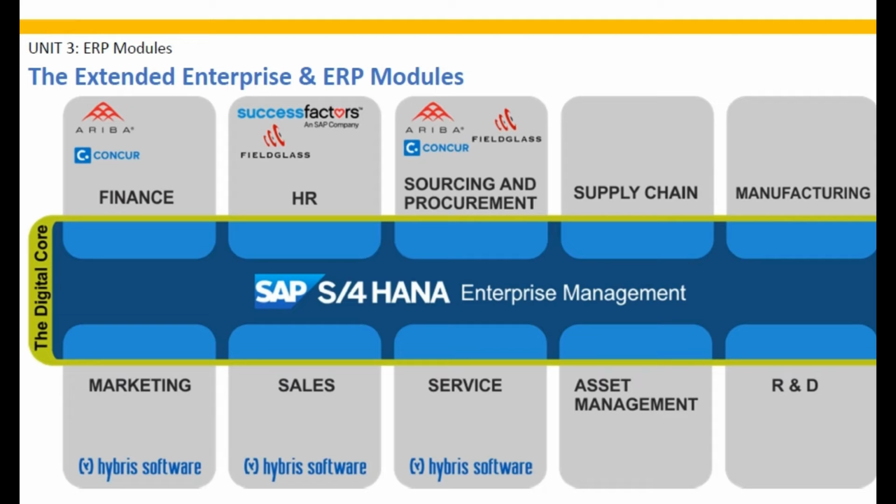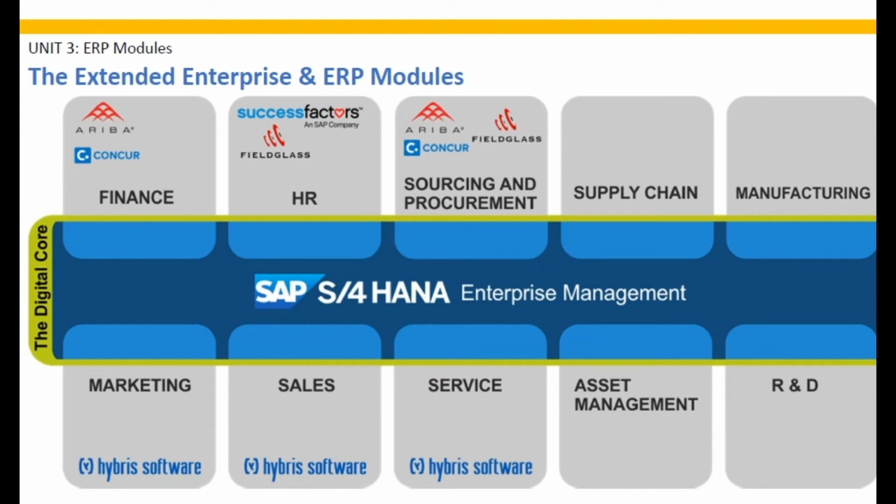Having said that, there are a lot of tools that have been acquired by SAP in recent times, which are also made a part of this extended enterprise and ERP solution. For example, for finance, SAP has acquired a company called Concur, and it also acquired a company called Ariba, and now they are a part of finance. Then we have HR, where we have SuccessFactors and Fieldglass.